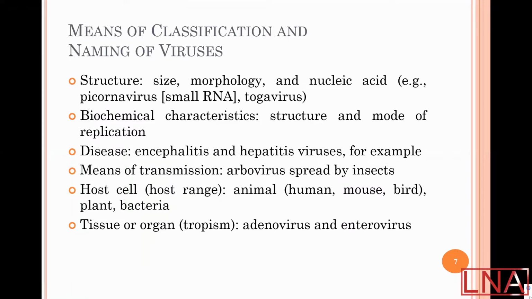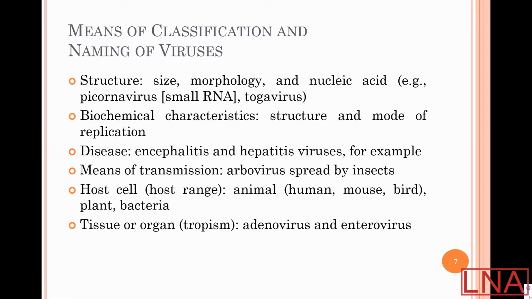Disease, for example, encephalitis, hepatitis, is a major example. You know, hepatitis viruses can cause hepatitis A, hepatitis B, hepatitis C. All of them are totally different. All of them can be found in different families. Some of them are totally independent viruses. But anyway, they are in one group because they can infect one organ, the liver, and of course the cells of the liver, hepatocytes.